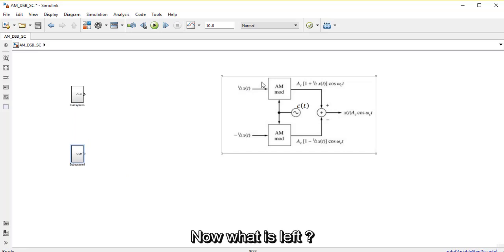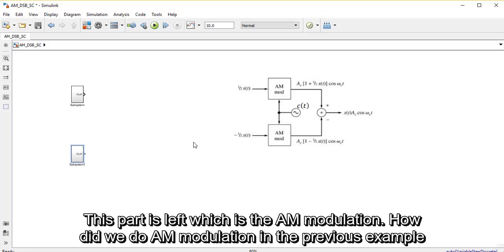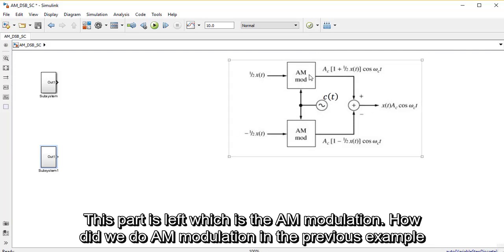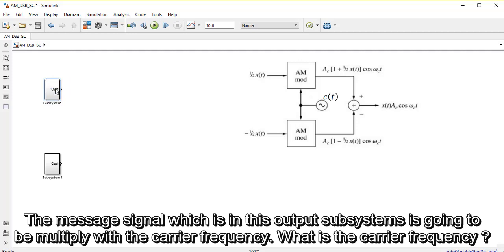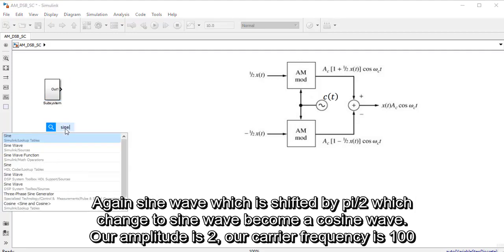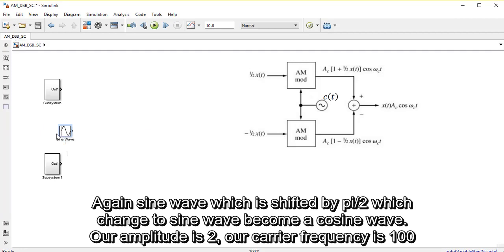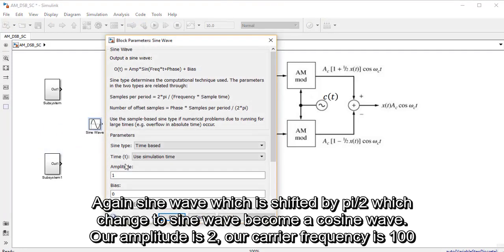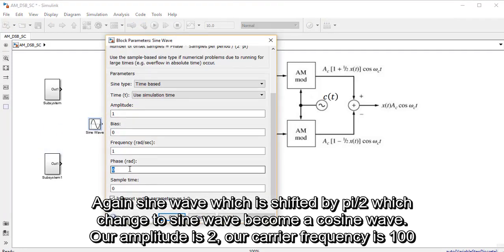Now what is left? This part is left, which is the AM modulation. How did we do AM modulation in the previous example? The message signal, which is in these output subsystems, is going to be multiplied with the carrier frequency. What is the carrier frequency? Again, a sine wave, which is shifted by π over 2, which changes the sine wave to become a cosine wave.